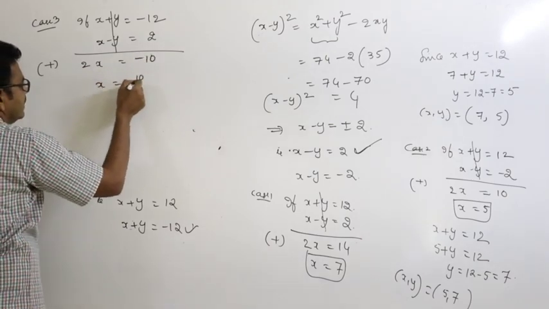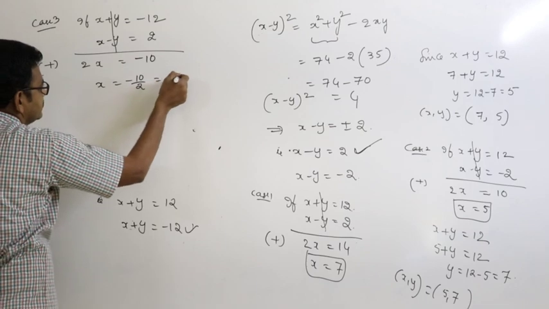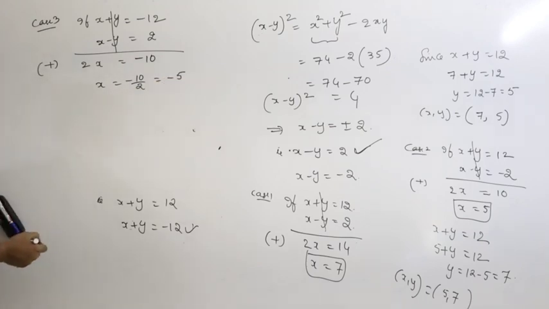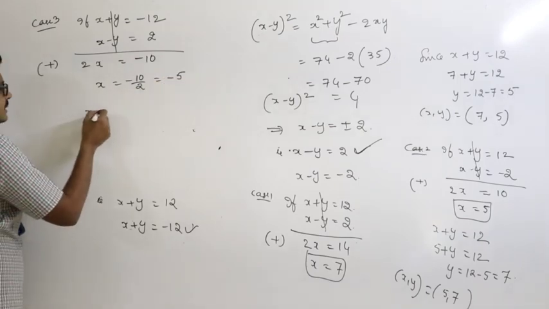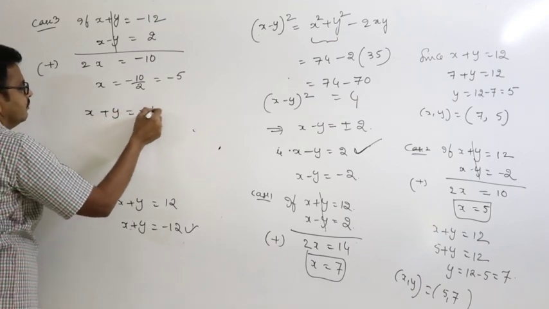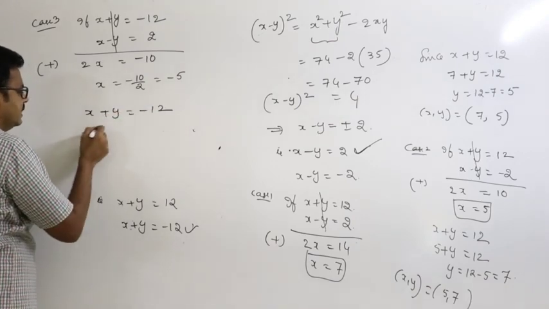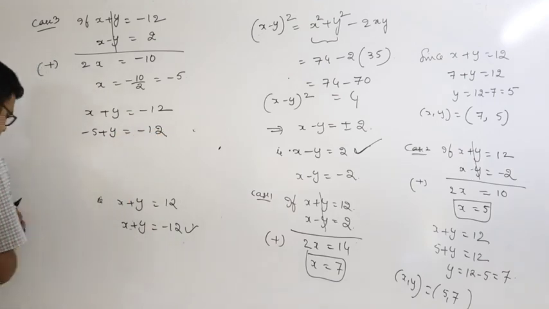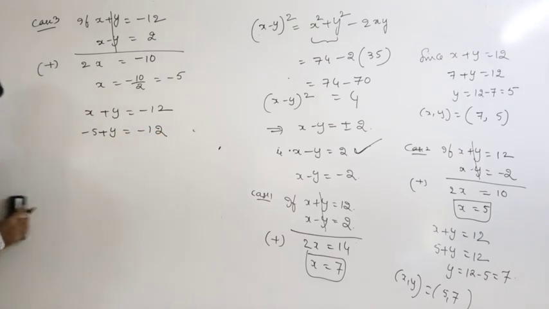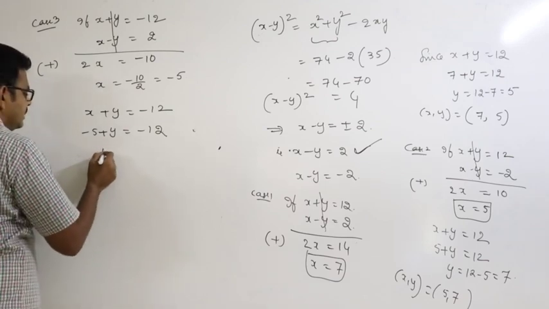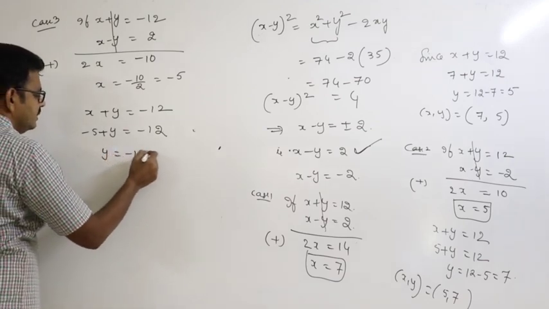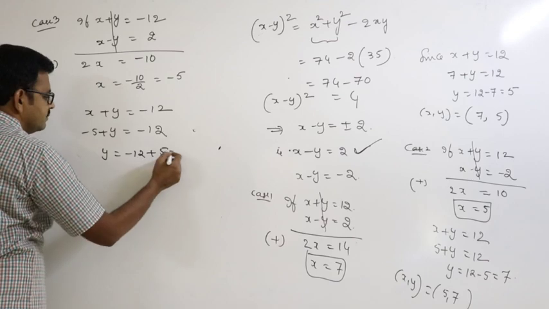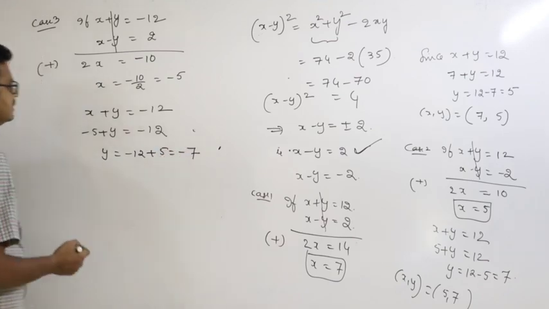X is equal to minus 10 by 2, minus 5. X value is minus 5. And since x plus y is equal to minus 12, so this is minus 5 plus y is equal to minus 12. Y is equal to minus 12 plus 5, that is equal to minus 7.